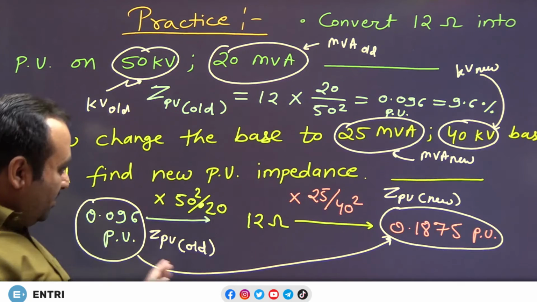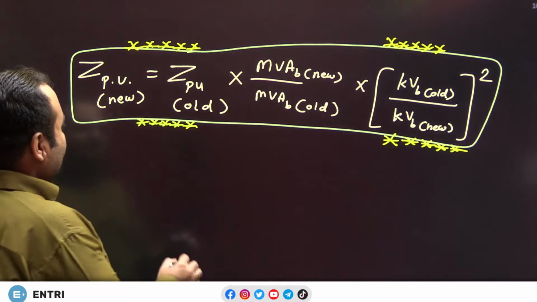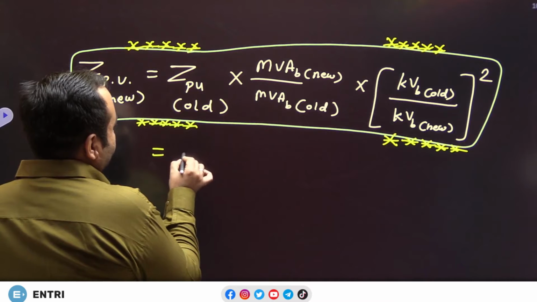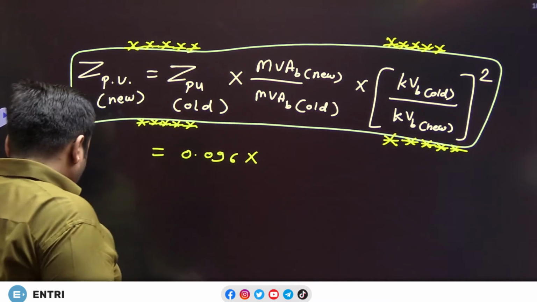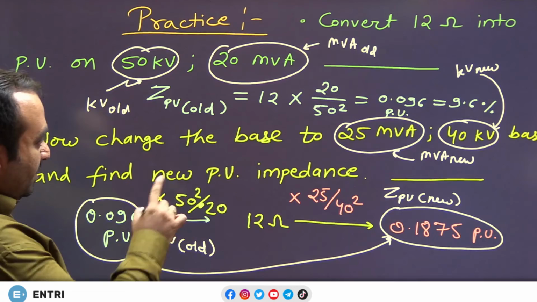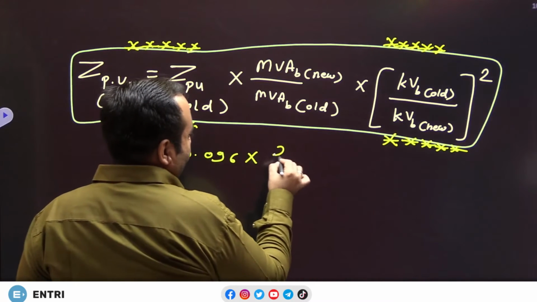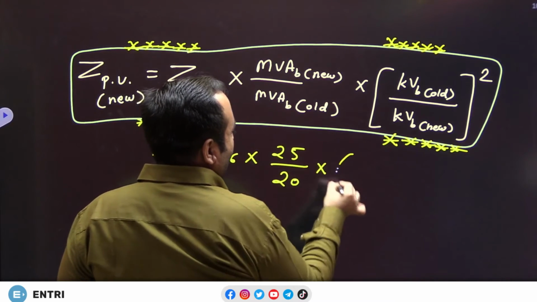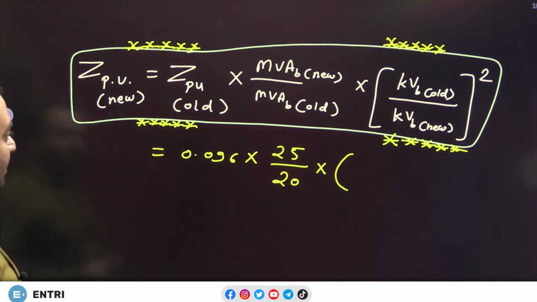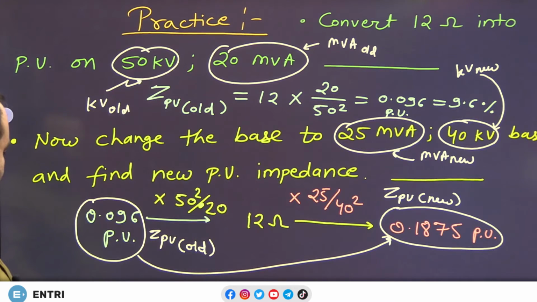So what I am telling you is, if you just put the values 0.096 into what was MVA new, 25, old 20. So 25 upon 20 into what was kV old, the earlier value, 50, and the new one is 25.